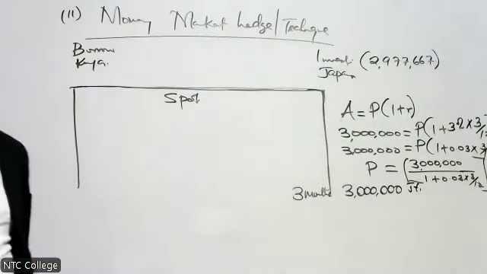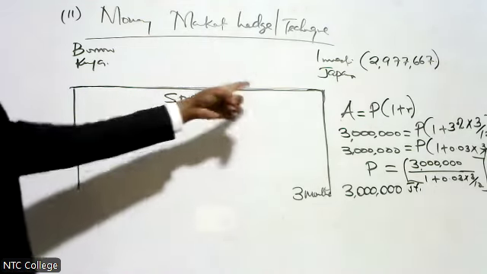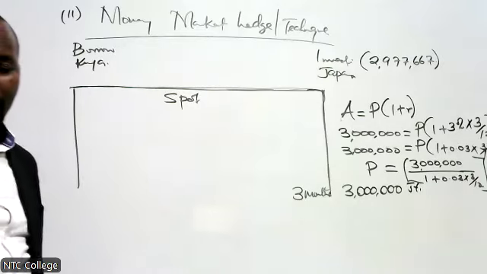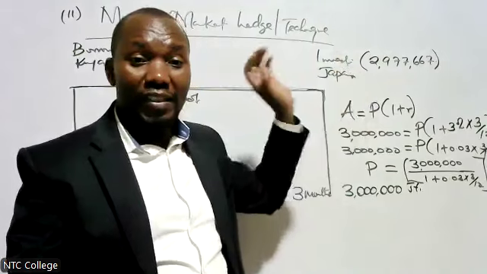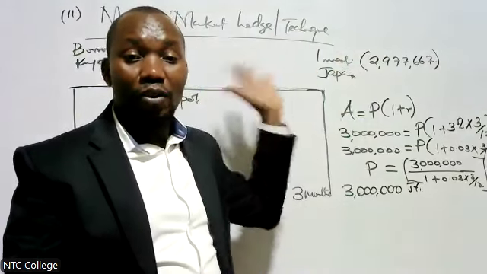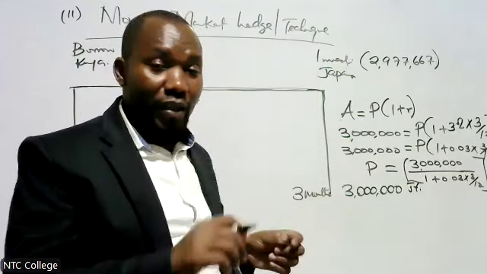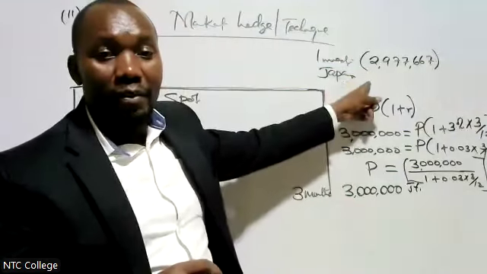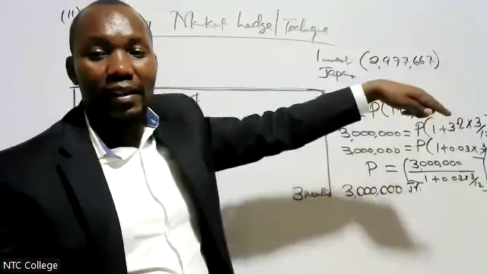Is the bank going to sell to us or buy from us? What is the role of the bank here? You're going to borrow Kenya shillings from the local banks. Then you go to the bank and tell the bank, can you give me Japanese yen? I want to go with it to Japan, to invest.